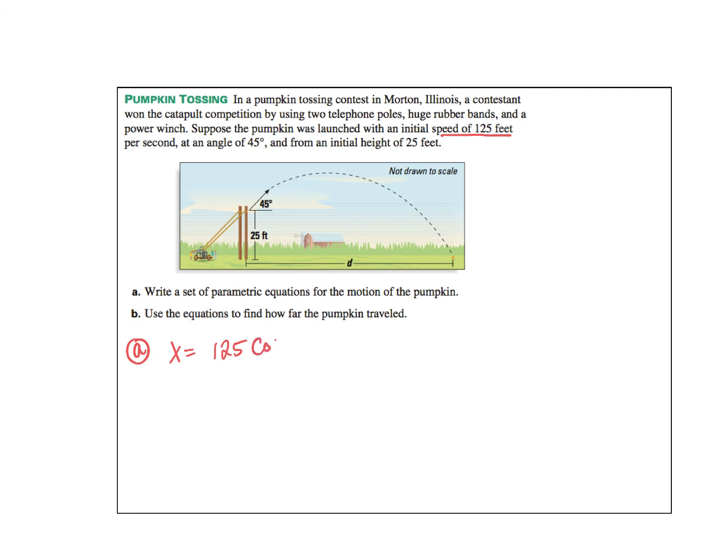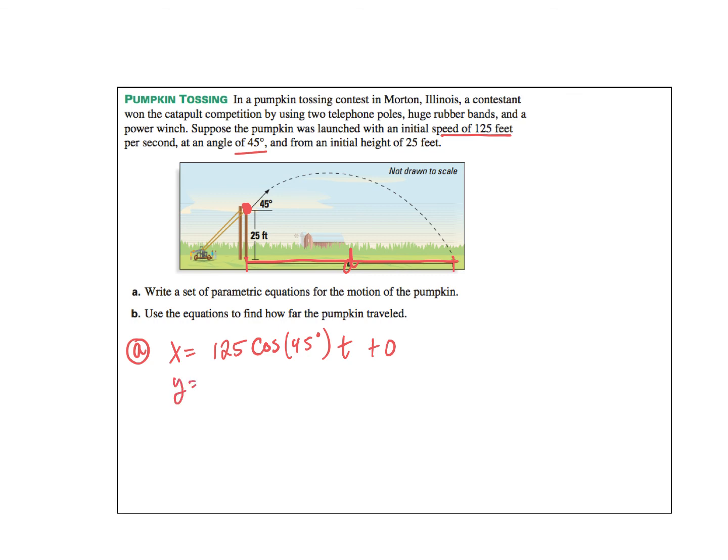Cosine of theta, and they're telling us that angle is 45 degrees, times t, plus an initial starting distance. That's not indicated in the drawing, it's not indicated in the word problem, so that is a 0 for this problem. It's like this ordered pair, we're looking for this distance as our end answer, so we'll call this 0.